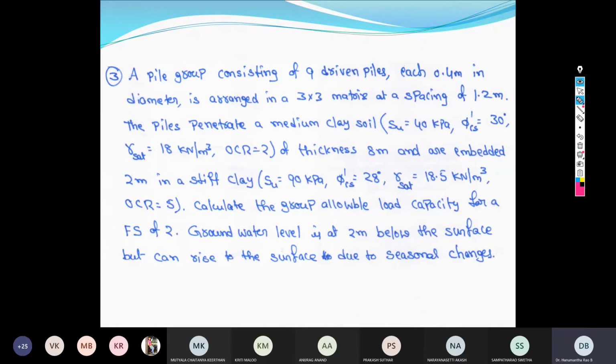One is medium clay soil of 8 meter thick, followed by stiff clay, and the piles are embedded whole through medium clay soil, that is 8 meter, but only 2 meter into the stiff clay. The properties of the soil are given. So you are asked to calculate the pile load capacity of a pile group.